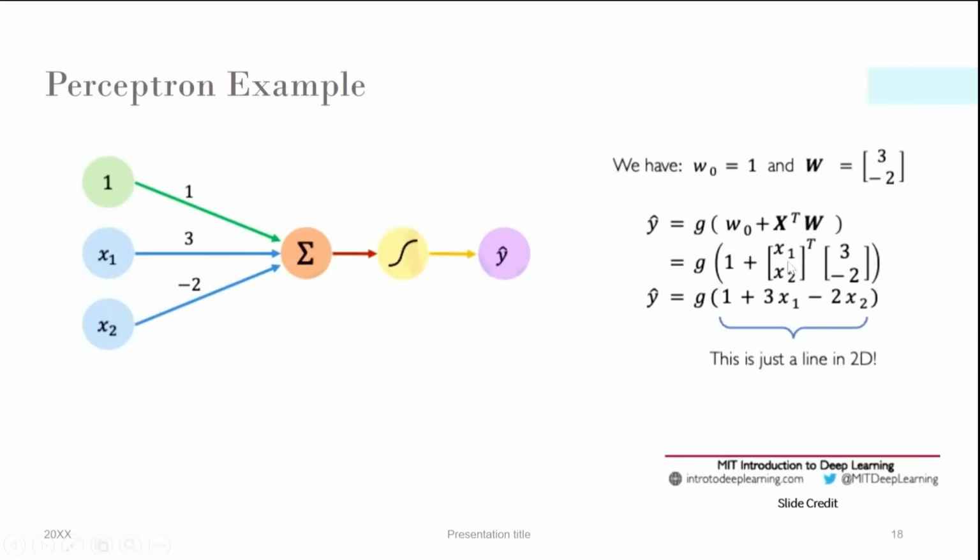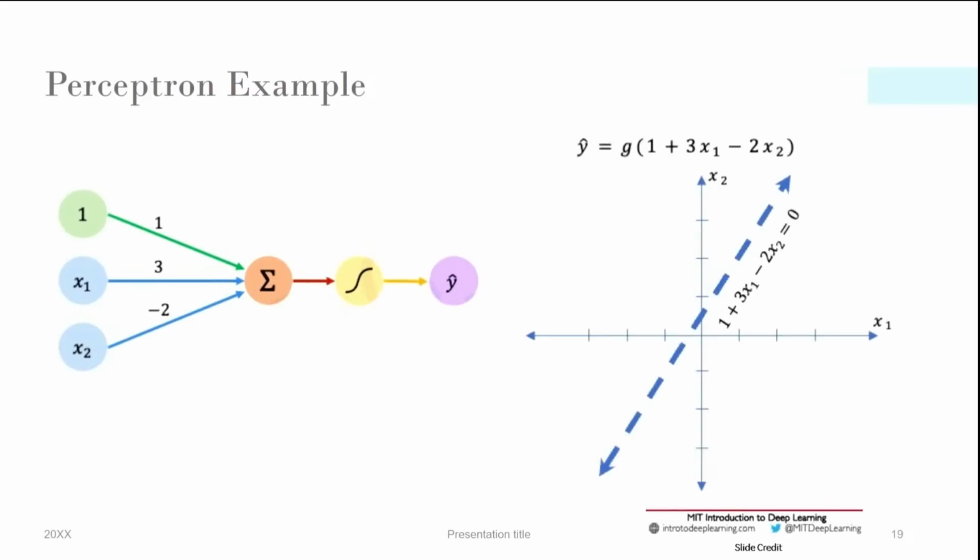So we write x1 and x2, because we are multiplying x1 by 3 and x2 by -2. So the neuron is doing y cap equal to the activation function applied to 1 plus 3x1 minus 2x2, right? This can be represented as a line in our two-dimensional plane. So this neuron is doing that. This is a decision boundary.